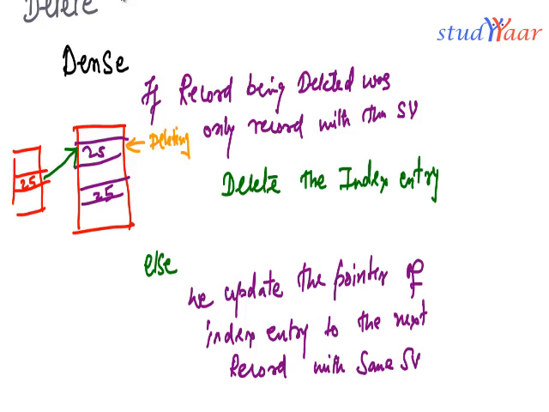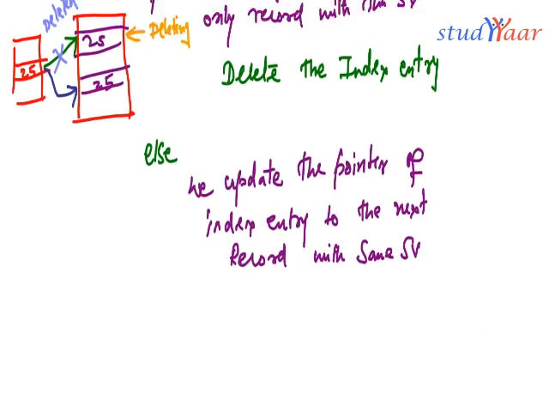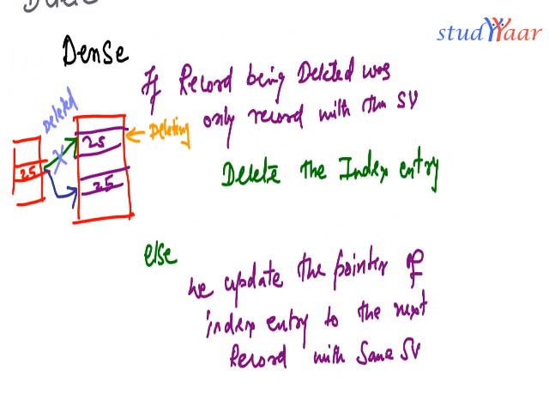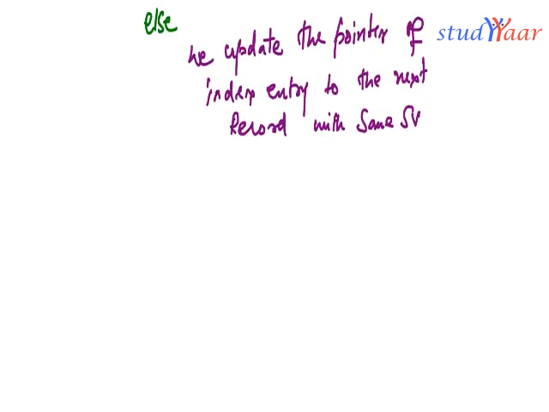If I am deleting this, then I have to update my pointer so that it now points to the next one, and this one is deleted. We are deleting 25, so that pointer also has to be made to point to the next 25 search valued record. So that was about dense index deletion.